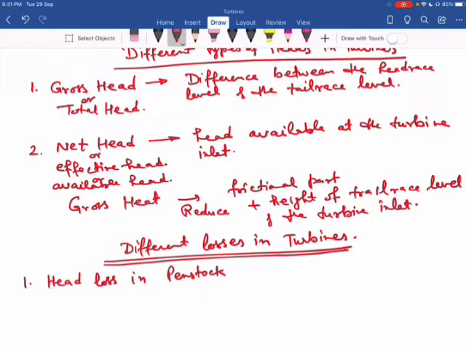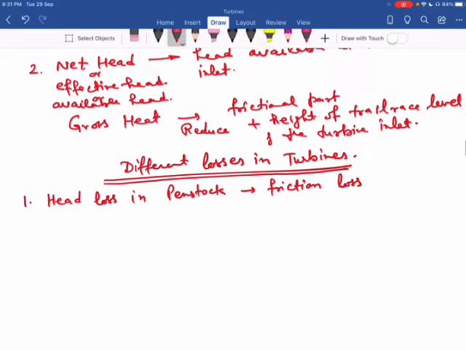Now this is the friction loss in the pipe of penstock. So this value you can get from Darcy-Weisbach equation. Okay, so that is used for determining the frictional loss in the pipe. So the first loss is head loss in penstock.